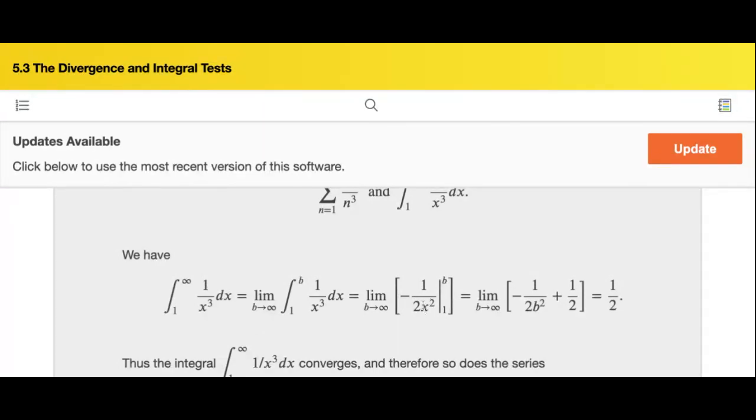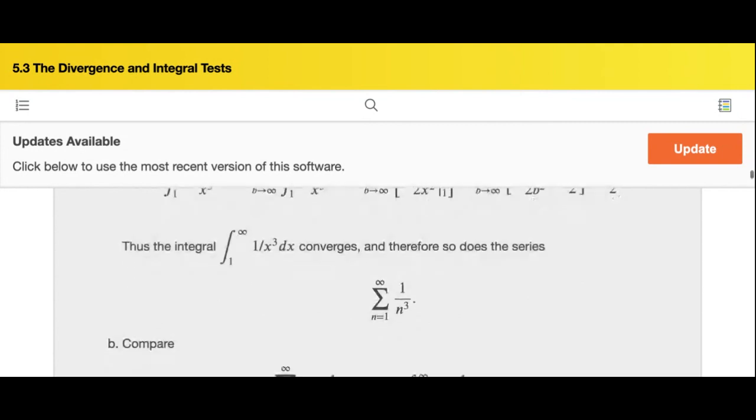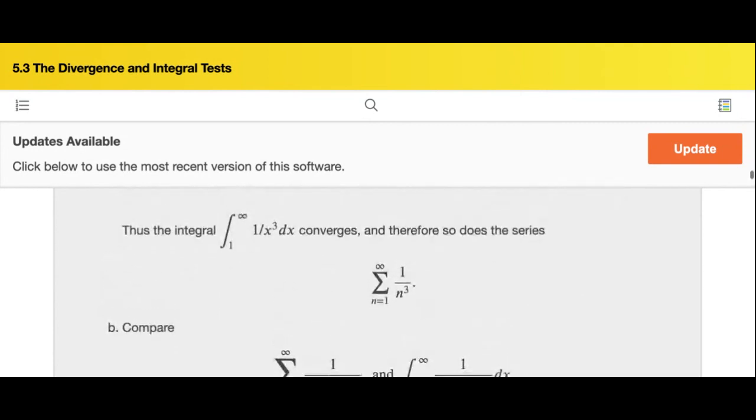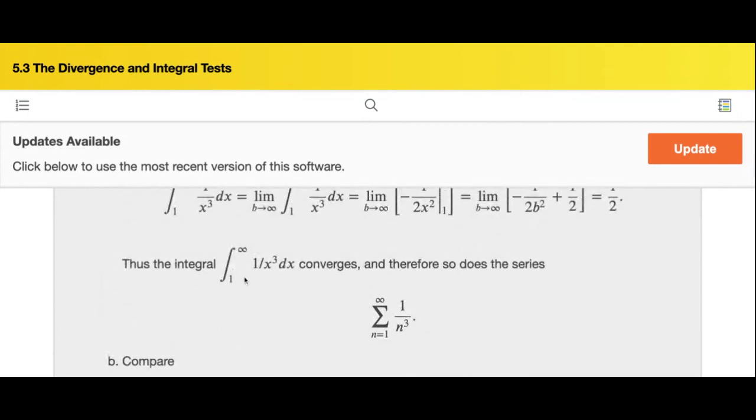What's 1 squared? 1 squared is 1. 2 times 1 is 2. So that's where the half comes from. Yes, by this time everybody gets tired. No worry, but it's good to ask. It's good to clear out the questions. So because that integral converges, this series converges by the integral test.